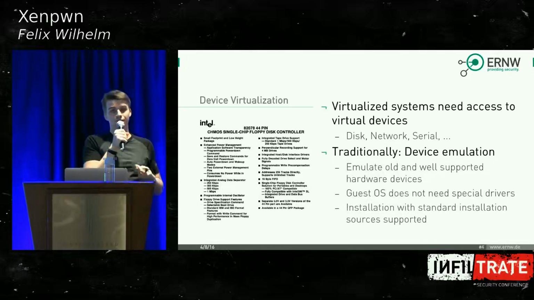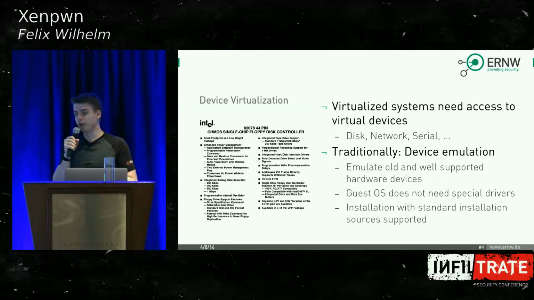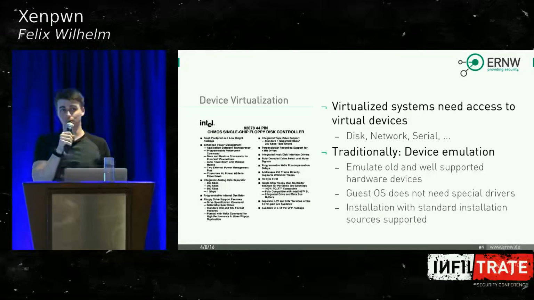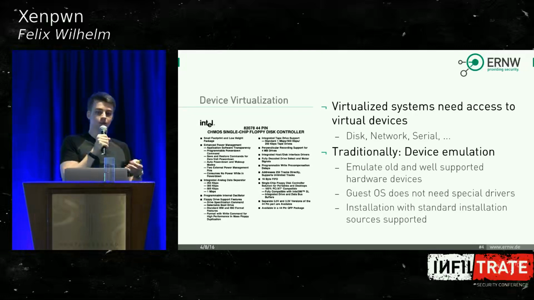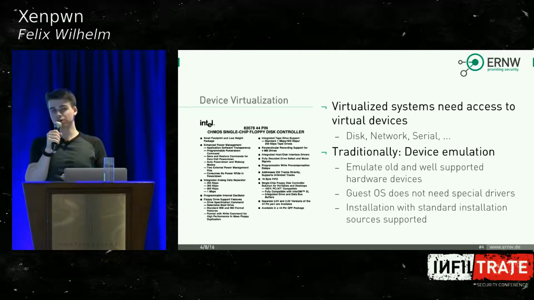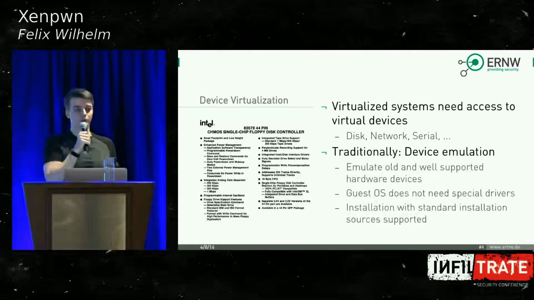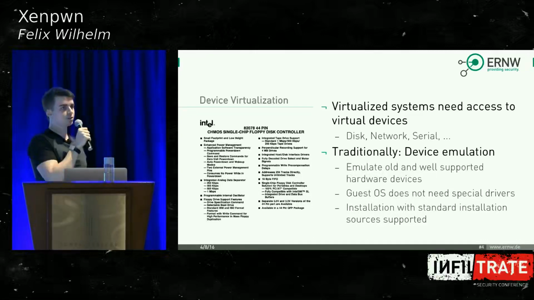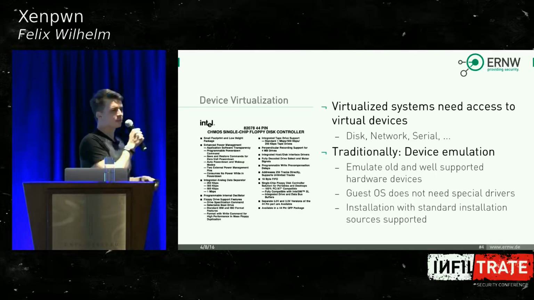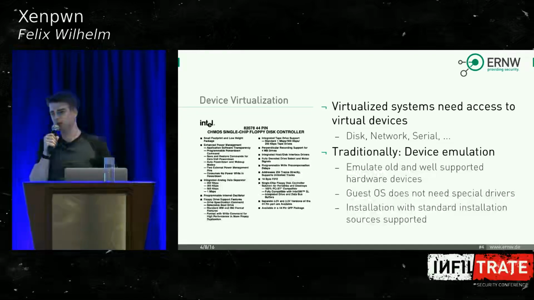And you emulate that in software, and this has the advantage that your guest operating system doesn't need any special drivers. You can simply install it in the virtual environment with standard installation sources, and it will work out of the box.